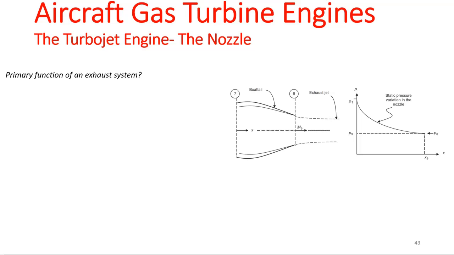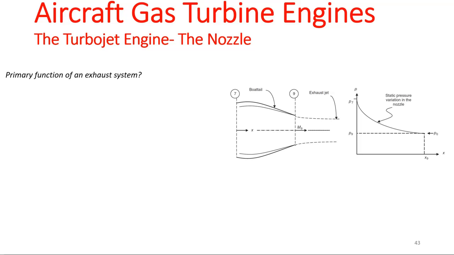You can do the same thing for a car as well. You can just use the engine exhaust as the exhaust. You don't need to have a system, right? But the car is a different mechanism. We have the exhaust system in a car for a different reason. But why do we have it? My question is about the engines, turbojet engines, right?